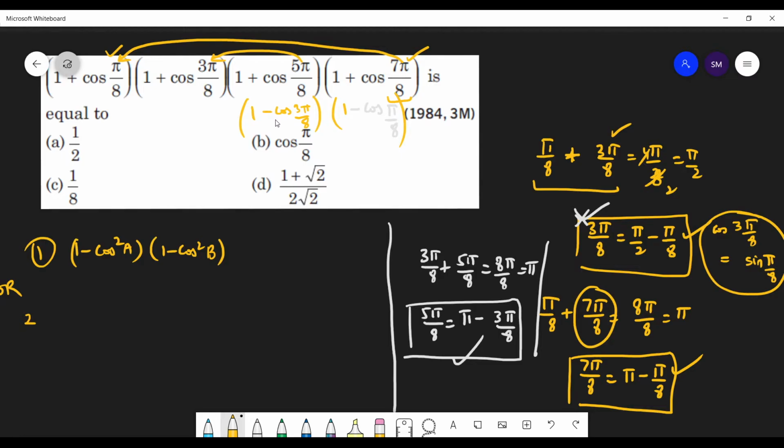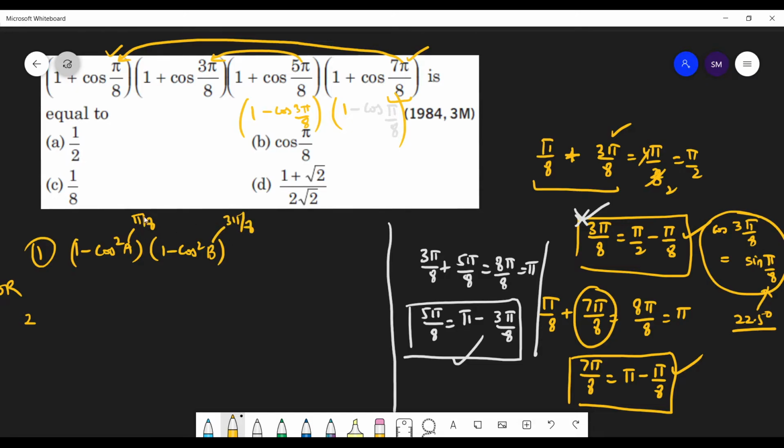The only thing is that you might get stuck with pi by 8 because pi by 8 is 22.5 degrees. So you can come out of here, a as your pi by 8, this as your 3 pi by 8.